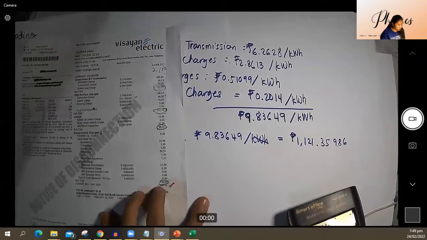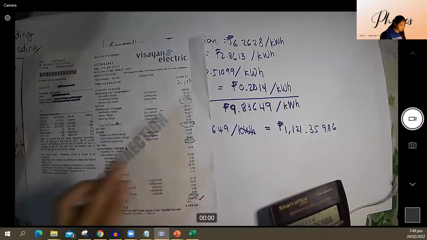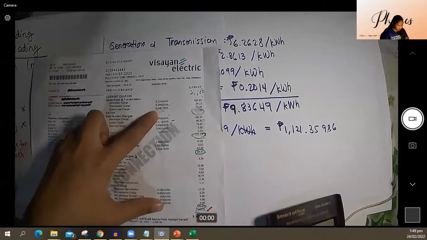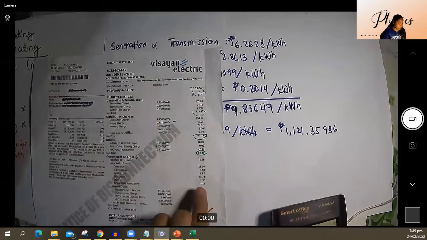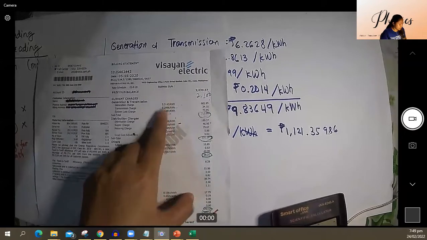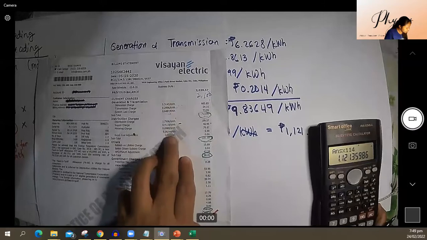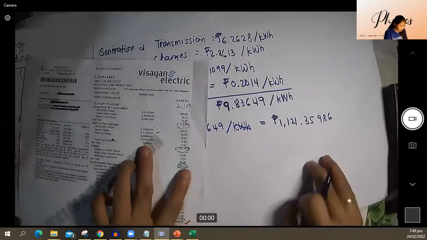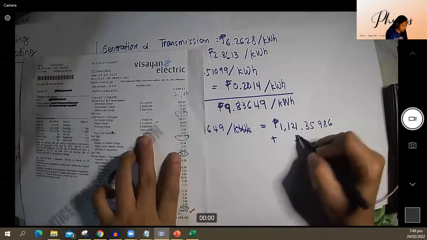But also, you have to remember that there are fees here that we did not include because they did not show the price per kilowatt hour, but there is a fixed amount shown in our electric bill. For example, this one here, we have 5 peso per month, so we can add that 5.